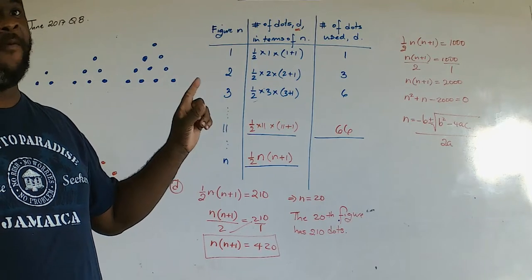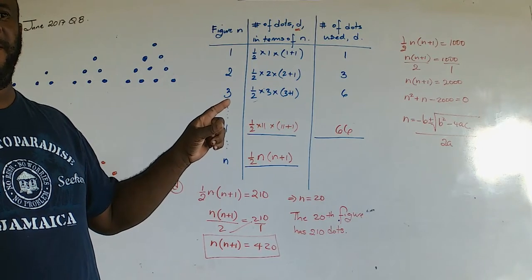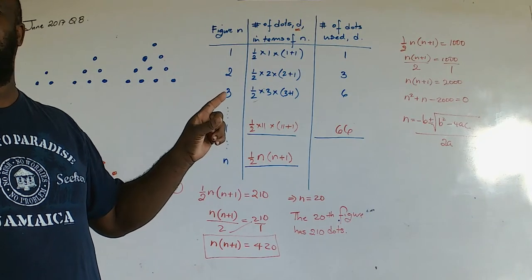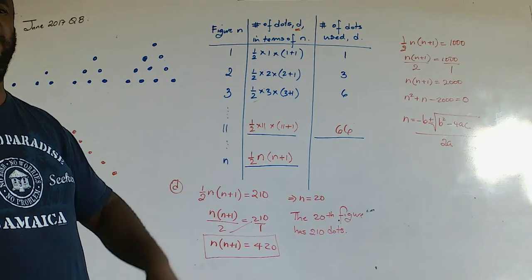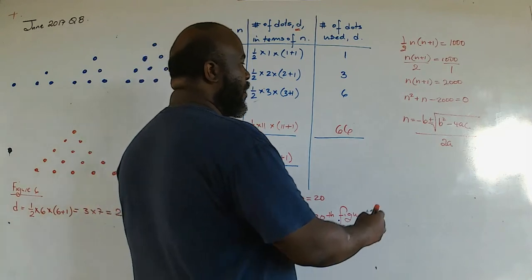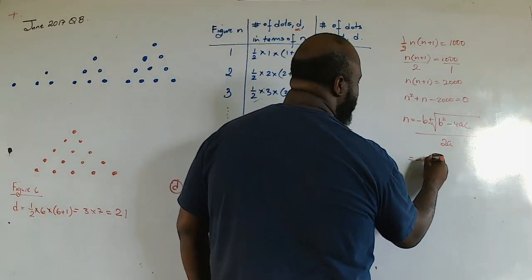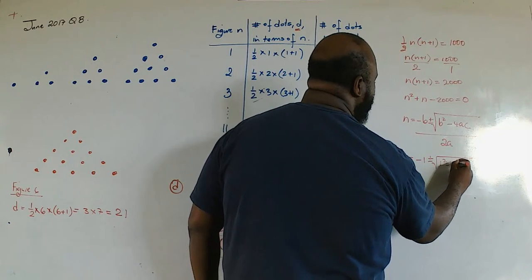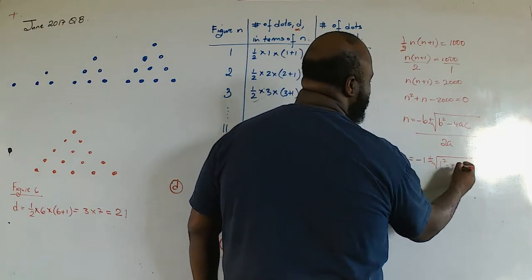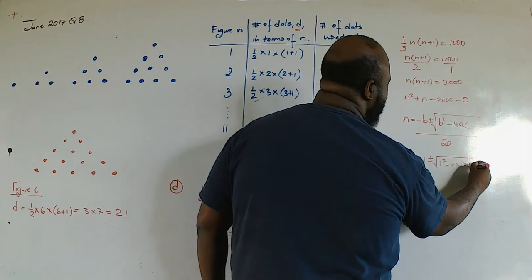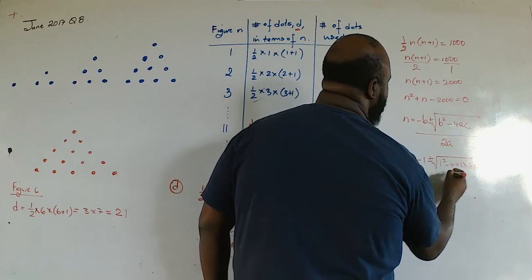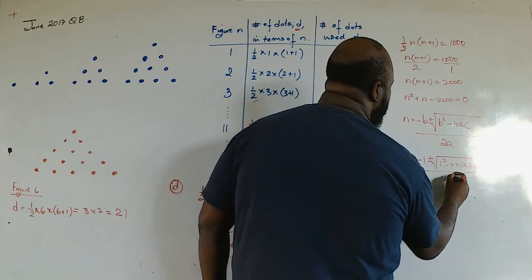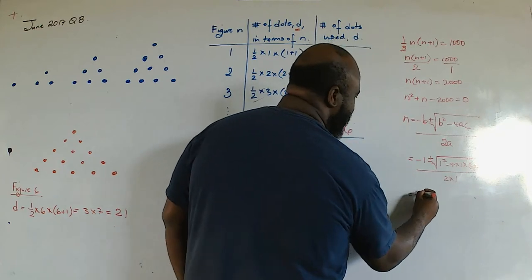You better have capital sense in order to do this, because common sense is not enough. Let's finish it. This is minus 1 plus or minus the square root of 1 squared minus 4 times a, which is 1, times c, which is minus 2,000, all over 2 times 1.